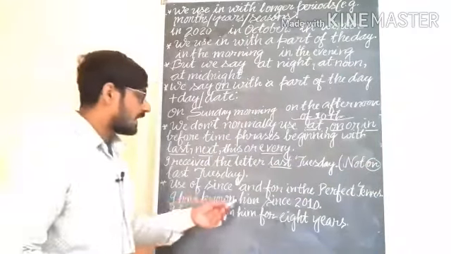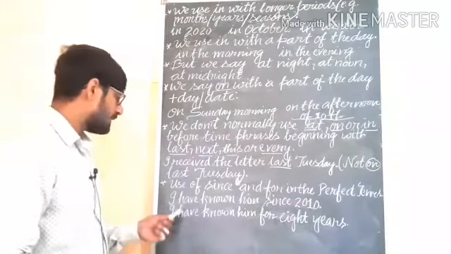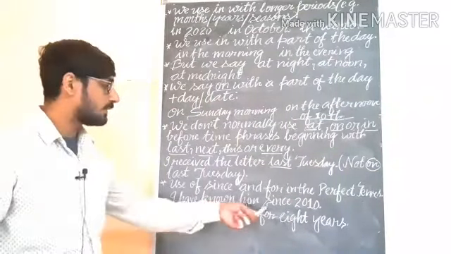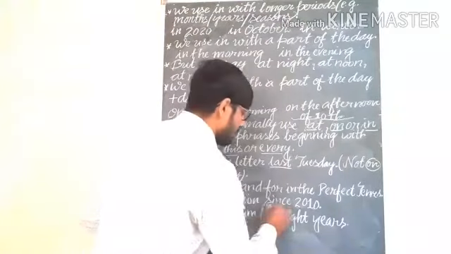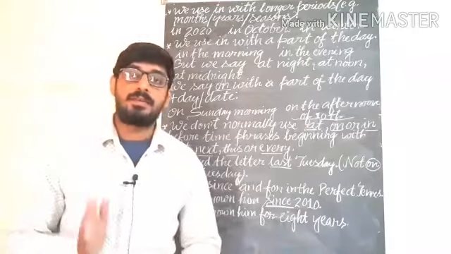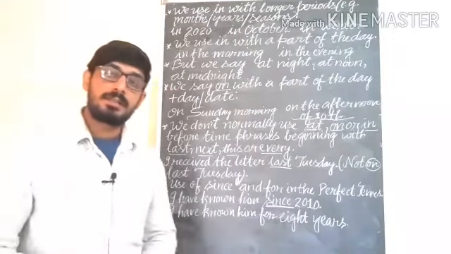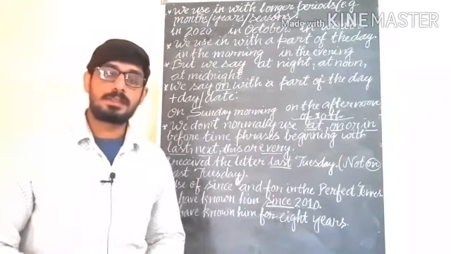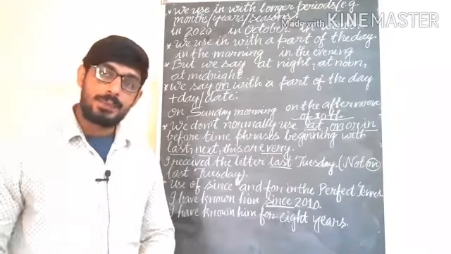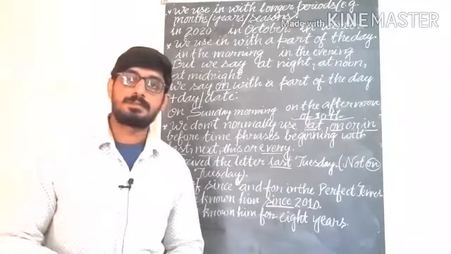Use of since and for in the perfect tenses. In present perfect tense we will see here, I have known him since 2020. Since will be used for point of time. Point of time means since January, since Monday, since 7 o'clock, since my childhood, since last night, since yesterday.